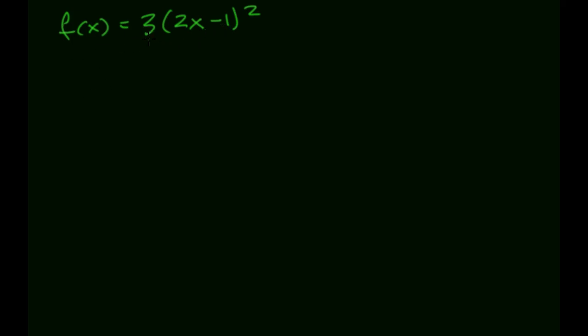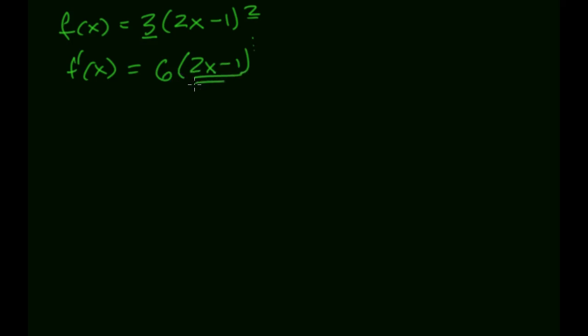According to the chain rule, my outside function is 3 times something squared. If we just had that, we would take that power, multiply it by the coefficient, which gives me 6, leaving the inside alone, and then bring that power down, which would be 1. So it'd be 6 times 2x minus 1.